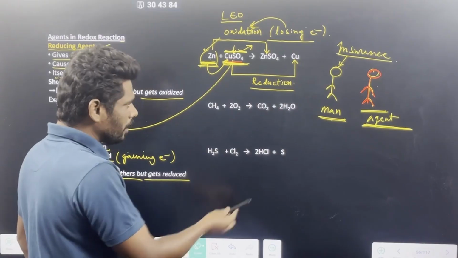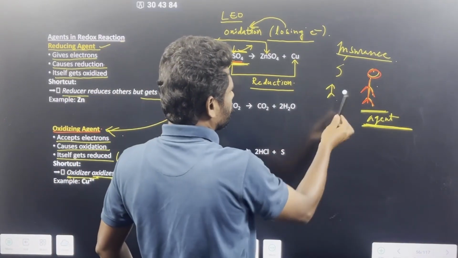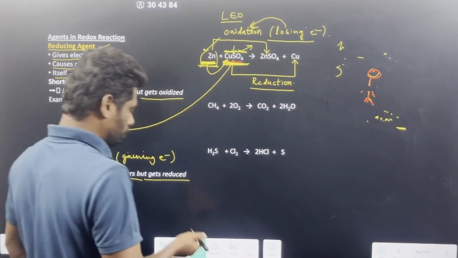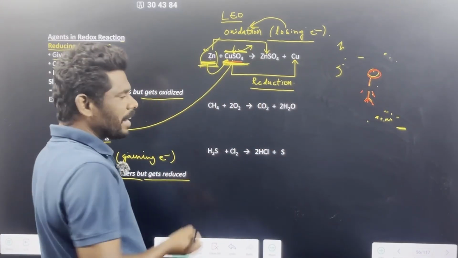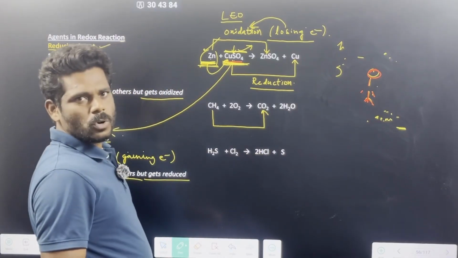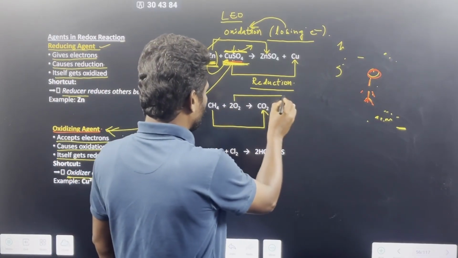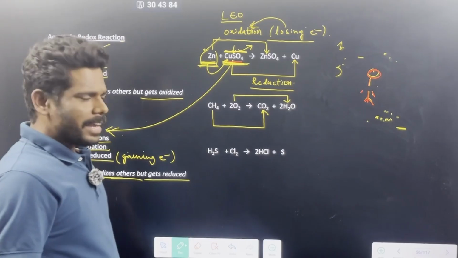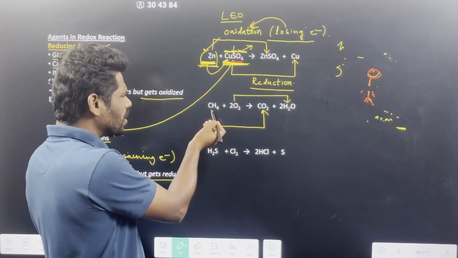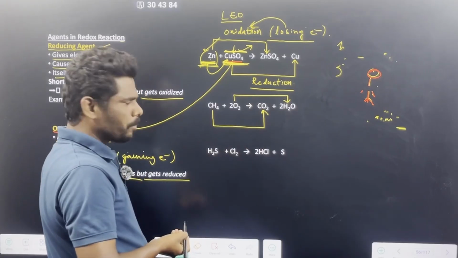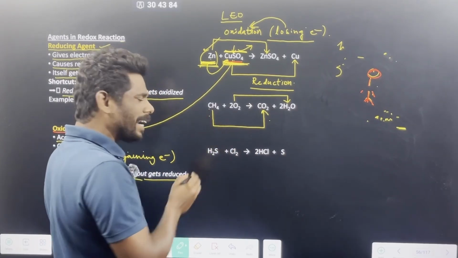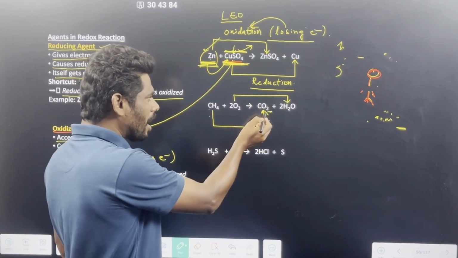Now, another case. Look at another reaction here: methane gas burning in the presence of oxygen. When you compare left to right, CH4 becomes CO2. From here to here, carbon lost its hydrogen and gained oxygen.